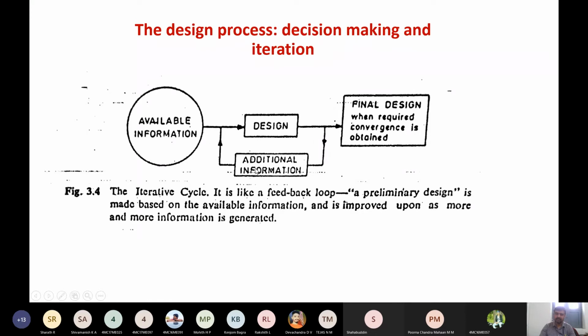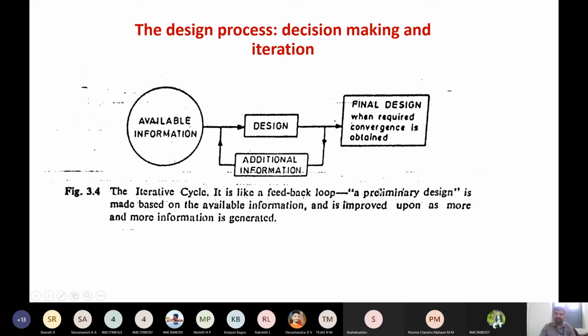Then you add this additional information as input and redesign, and then think about final designing, that is, further implementation of the plan. This is known as iteration, the iterative cycle.